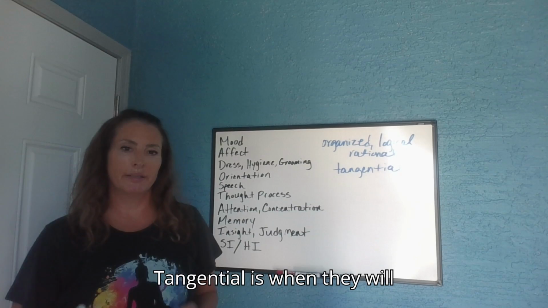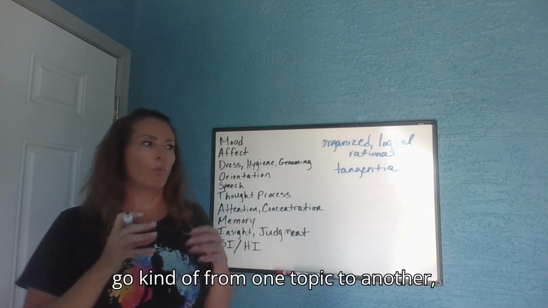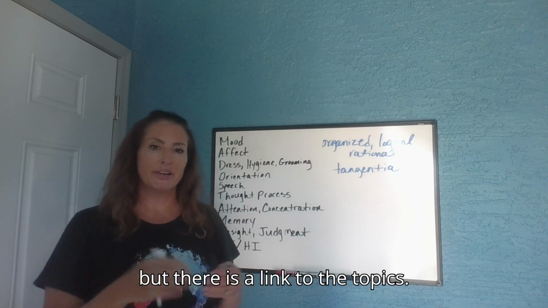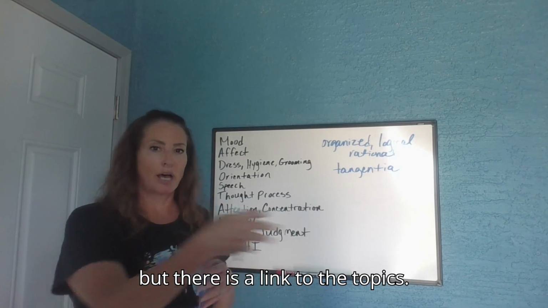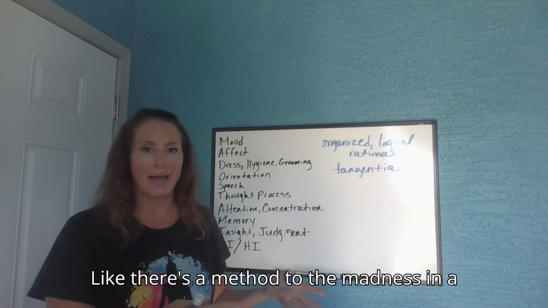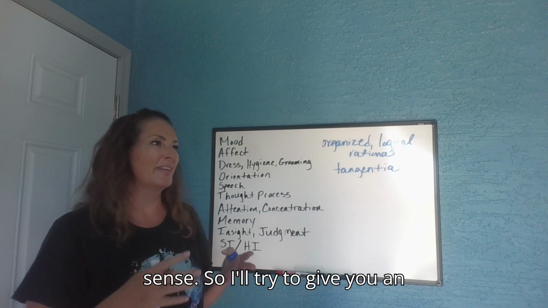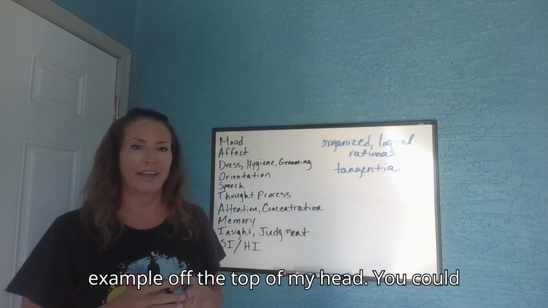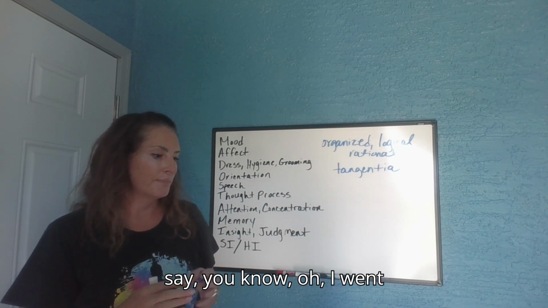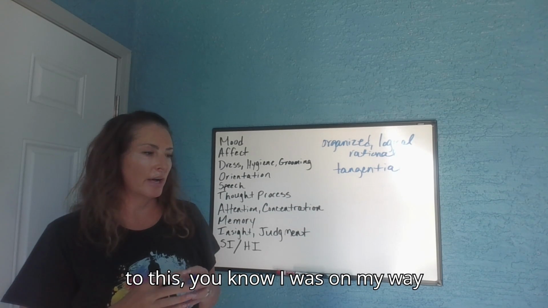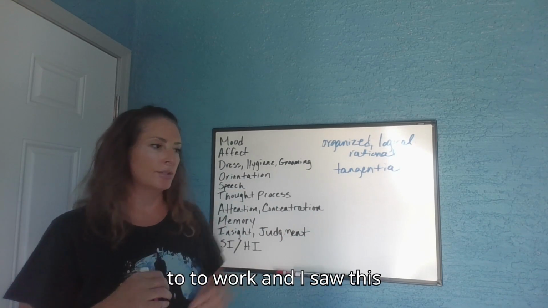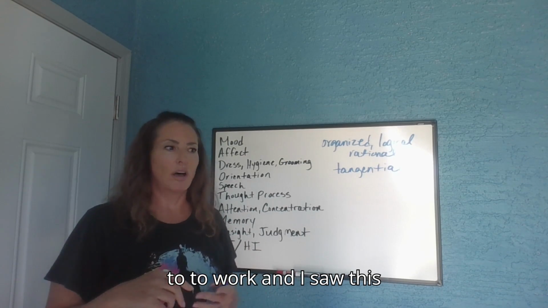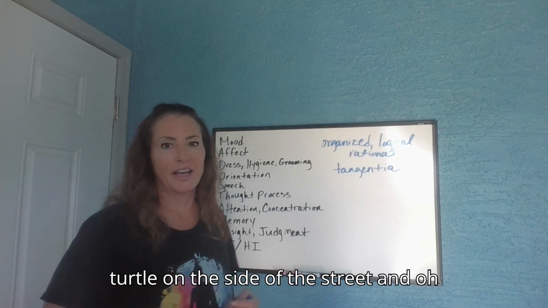Tangential is when they go from one topic to another, but there is a link between the topics. Like there's a method to the madness, in a sense. Let me try to give you an example off the top of my head. You could say, I was on my way to work, and I saw this turtle on the side of the street.